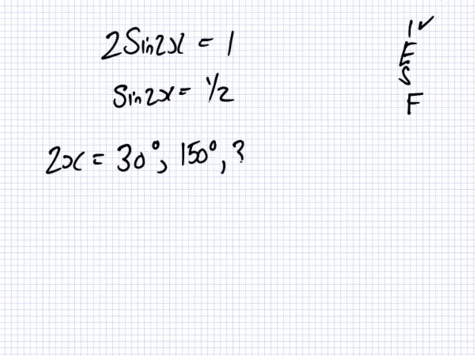Plus 360, so 390, and then if I add 360 here, 510. And then I simplify what? When they give you the limits, you're only supposed to take that into consideration when you're finding x, not 2x, right? Not until this step. Yes. What's now for the next step?